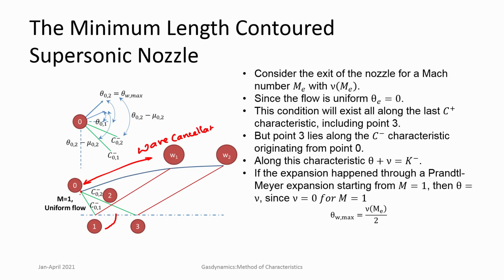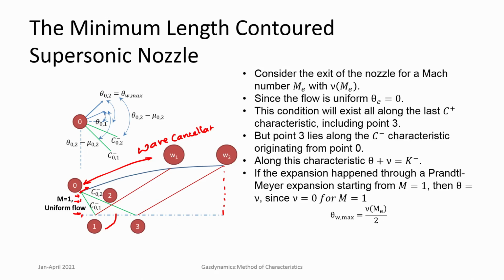So, here Mach number is 1 and we are assuming that you have a uniform flow at Mach number equal to 1. So, what should be the initial wall angle so that we get the correct exit velocity at the end of the wave cancellation section? That is the problem of how to design these nozzles.